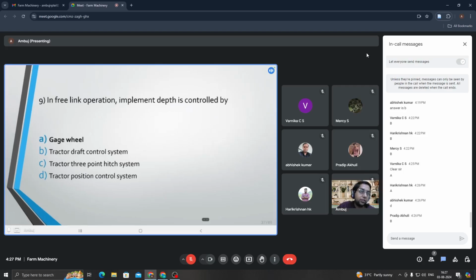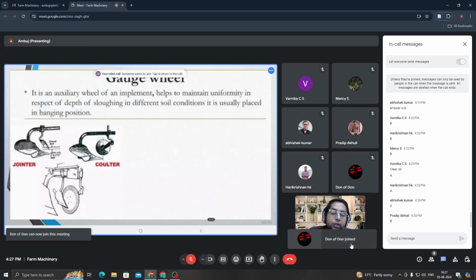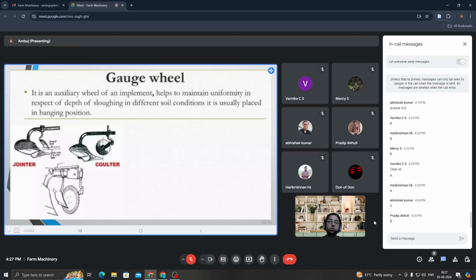In the free link operation, the implement depth is controlled by the gauge wheel. I'll just show you what a gauge wheel is. In the case of a moldboard plow, you can see here the jointer. I already explained that in my previous lecture. Coulter I explained to you. The third figure is the gauge wheel.